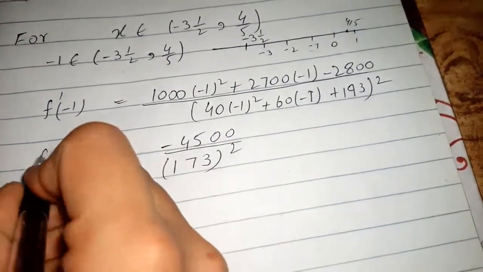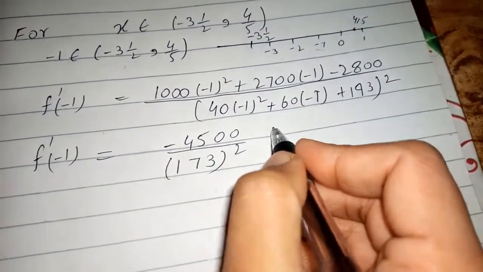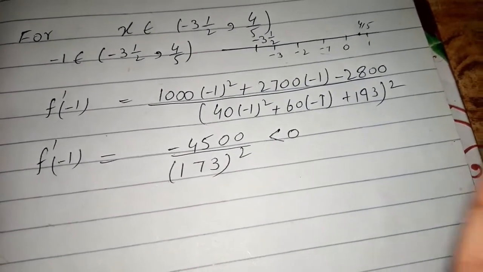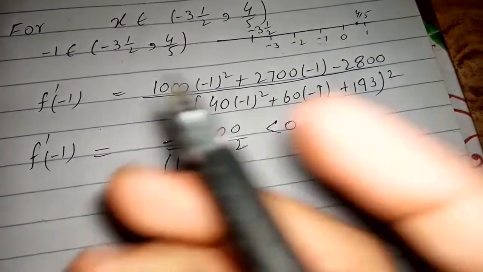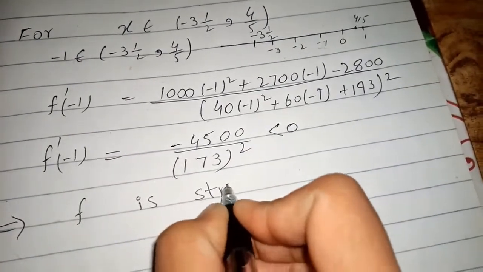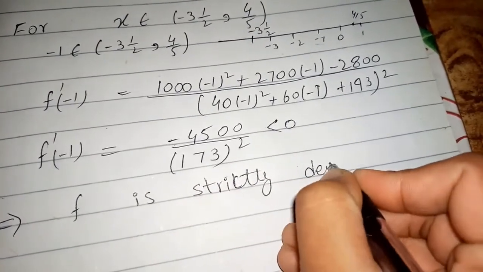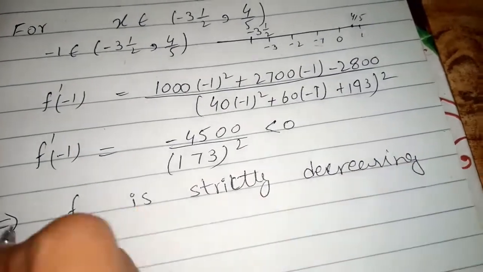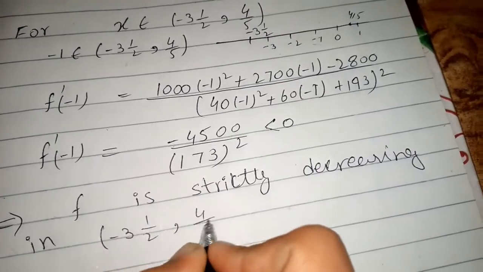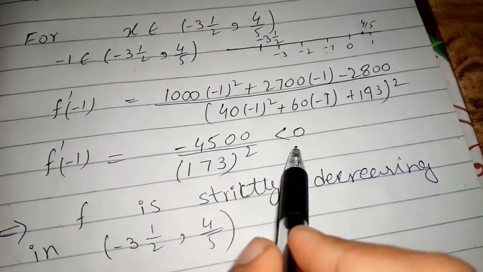Because of the negative sign, after the division we get a negative value, so it is less than 0. By the first point we discussed at the start, this implies that the function is strictly decreasing in the interval minus 3 whole 1 over 2 to 4 by 5, because the derivative in that interval is less than 0.